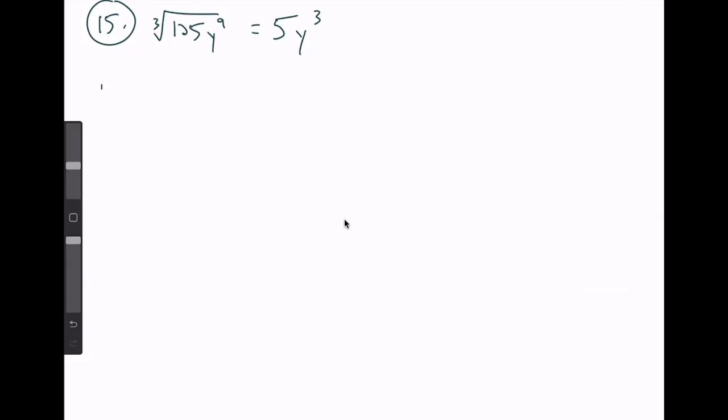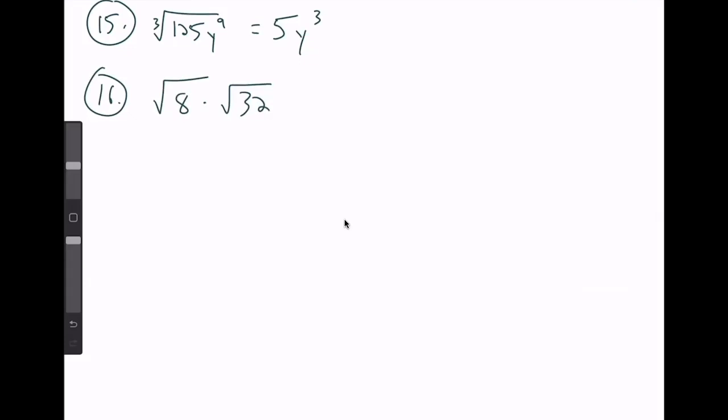Moving forward, number 16. Okay, number 16 tells me that if I have the square root of 8 times the square root of 32, the instructions tell me to multiply if possible, then simplify.